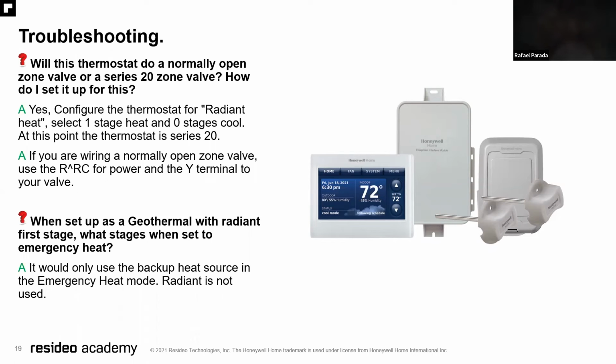And another common question that we have a lot from contractors. When I set up the thermostat for a geothermal with radiant first stage, what stages run when set to emergency heat? So I have a heat pump or a geothermal heat pump, and I'm running my hot water system as the first stage. What happens when I switch to emergency heat?